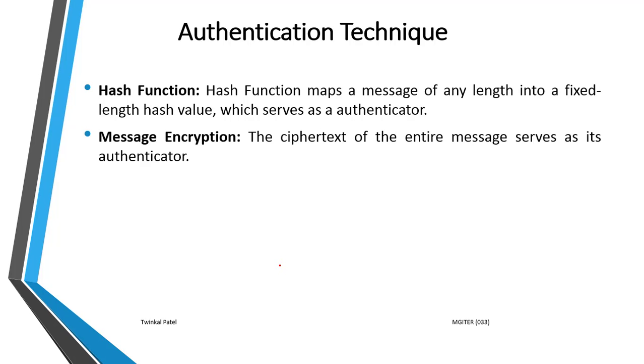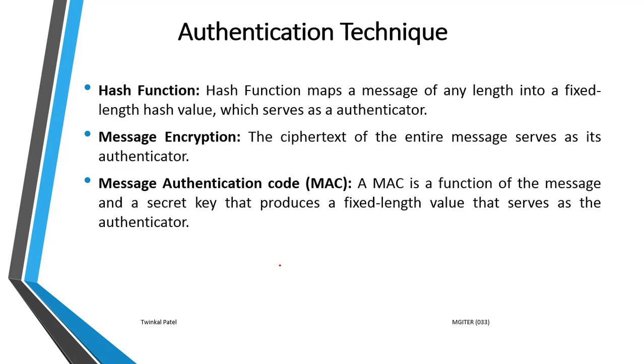Next is message encryption, in which the ciphertext of the entire message serves as its authenticator. And the next one is message authentication code. A message authentication code is a function of the message and a secret key that produces a fixed length value that serves as an authenticator. So in this lecture we will see the message encryption and message authentication code techniques.